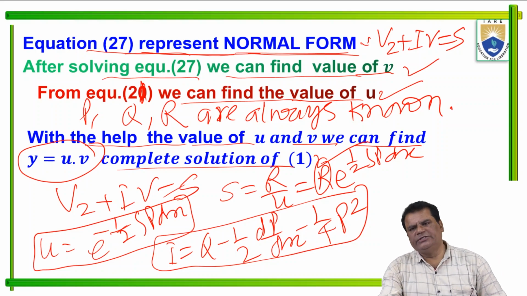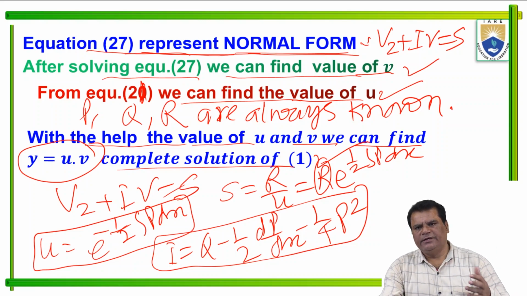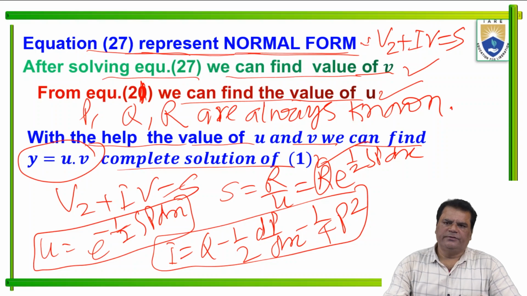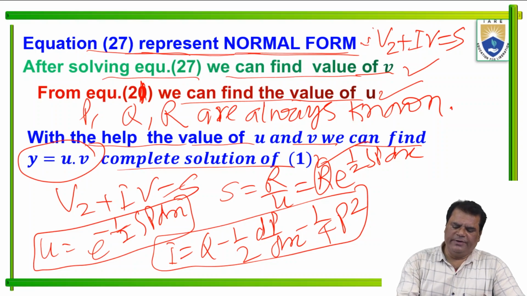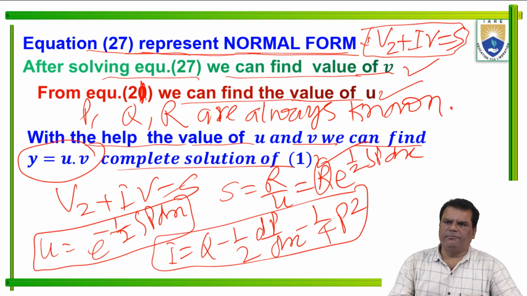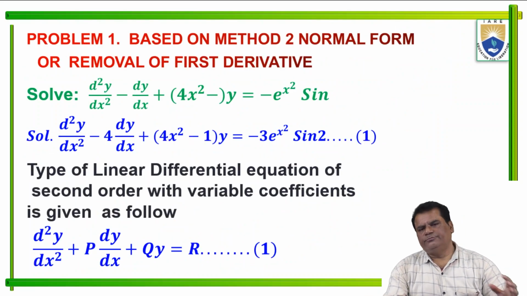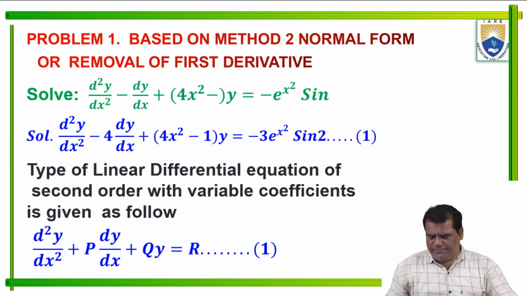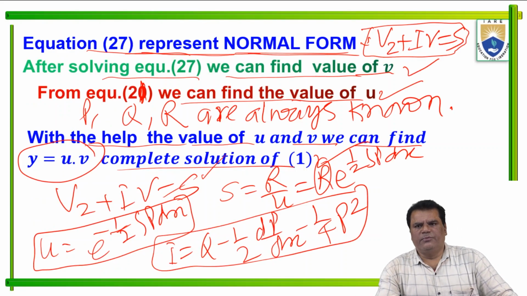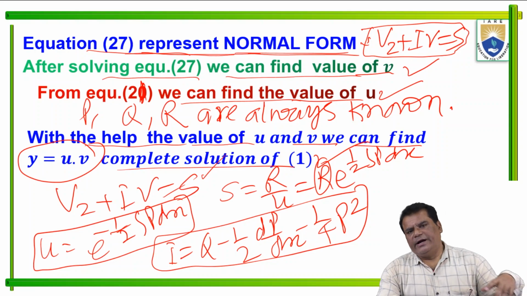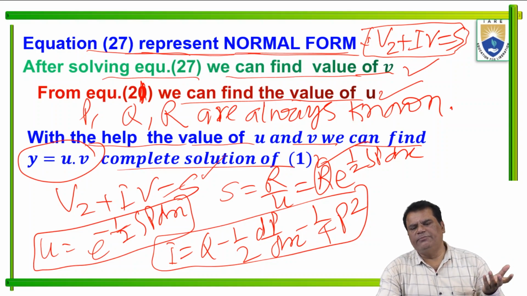So with the help of these three formulae, the first formula is for U, the second formula is for S and the third formula is for I, we can find the values and then we can find this normal form, d2v plus Iv is equal to S. Then we can find the value of v. Now, this is the procedure we have discussed in detail about the formula for the normal form. How we can find the solution y equal to u into v, how we can find the value of u, how we can find the value of v.